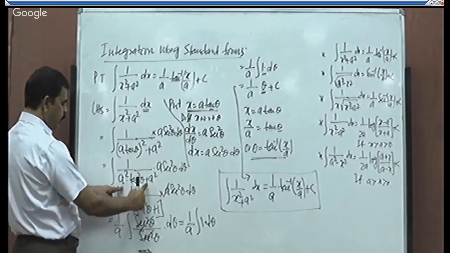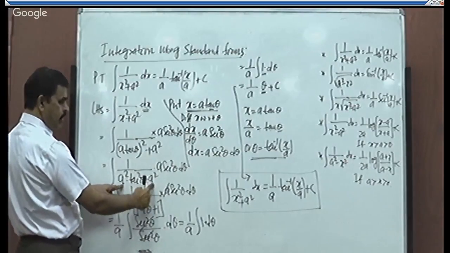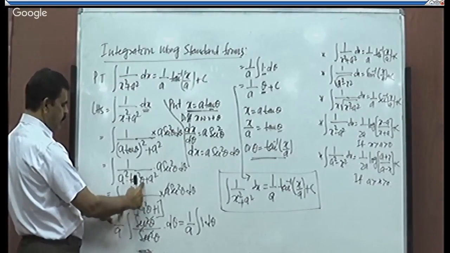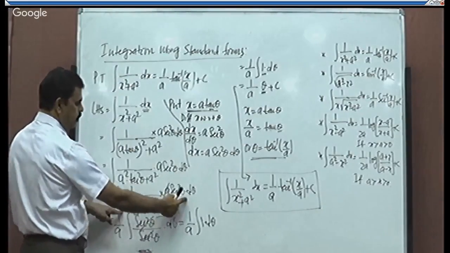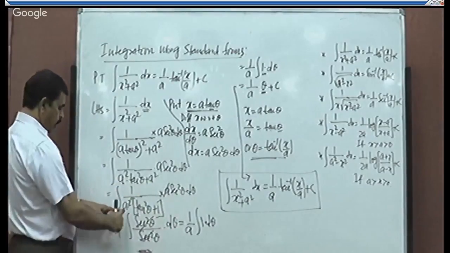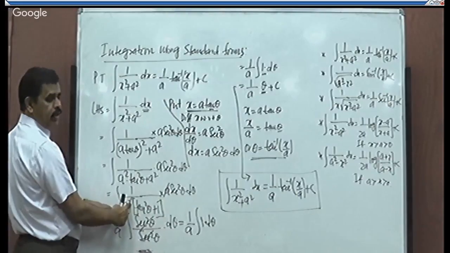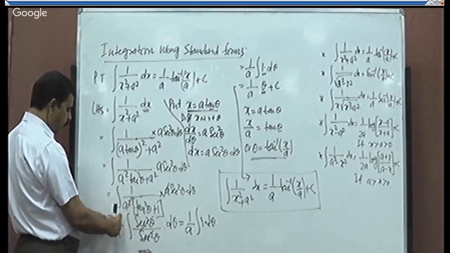Then a square plus a square, we have a square common. I have taken a square common: tan square theta plus 1. This is taken as it is. In the numerator a and one a get cancelled. What is remaining? 1 by a.